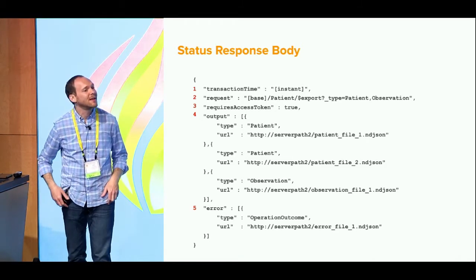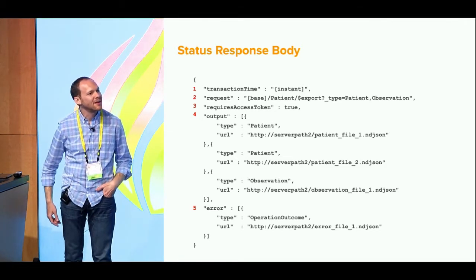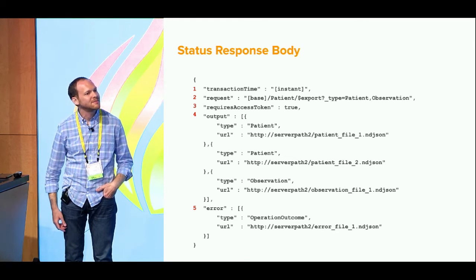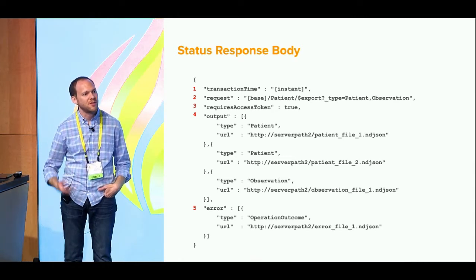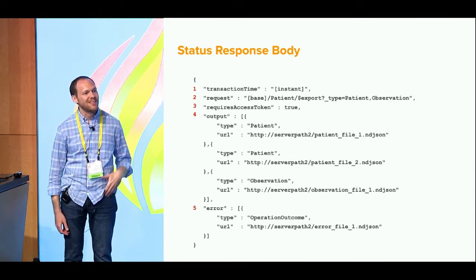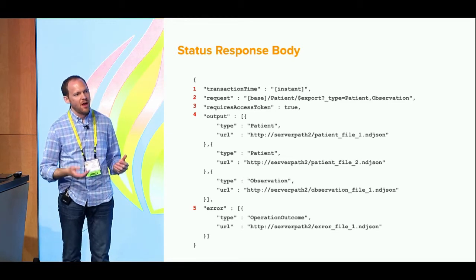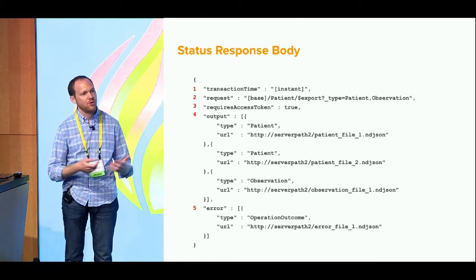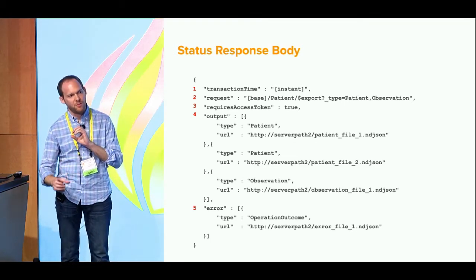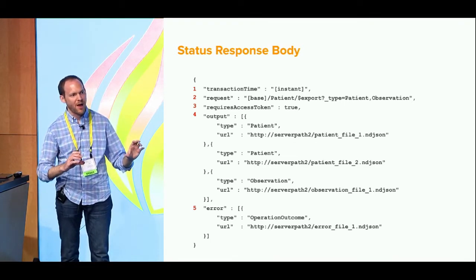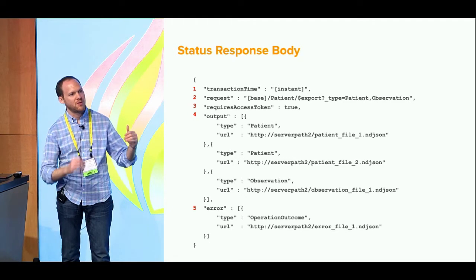Yeah? So how are the references managed in between? If you have one resource type per file, how are the references managed between them? Yeah, that's a good question. We don't actually address that. Basically, all the references are internal to the system you're exporting from, so the references between the different resources in the different files will match the resources in the other files.